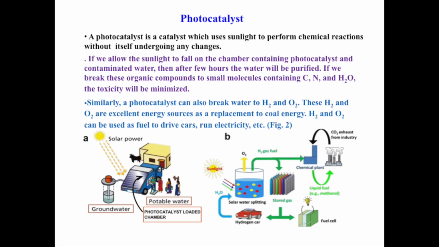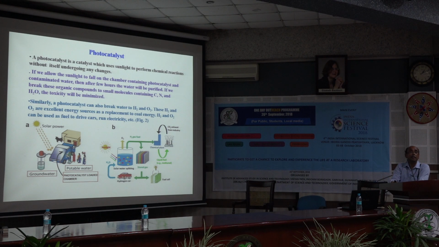So here also, with this property, photocatalysts can be used to perform some chemical reactions when sunlight falls upon them, and this way we can purify water also, because when these catalysts find sun rays, they will absorb all the pollutants or even organic compounds from the water, and in the process they reduce the toxicity of the water.